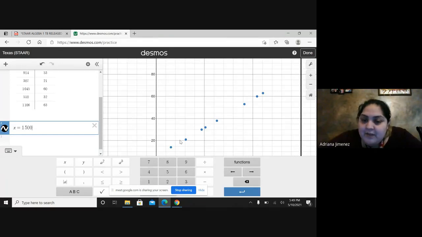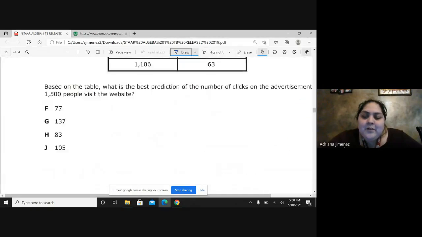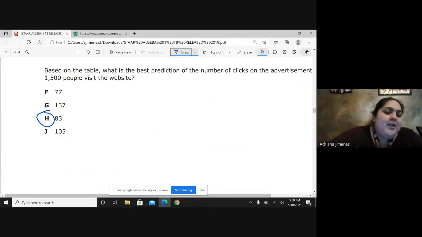If I were to make this line keep going through all these dots, then I would connect over here at 80. Notice these are going by 5s, so it doesn't make it all the way. So it would be close to 80 over here, either 85, 86 or something, but the only answer choice close to 80 is 83, so that would be my answer.